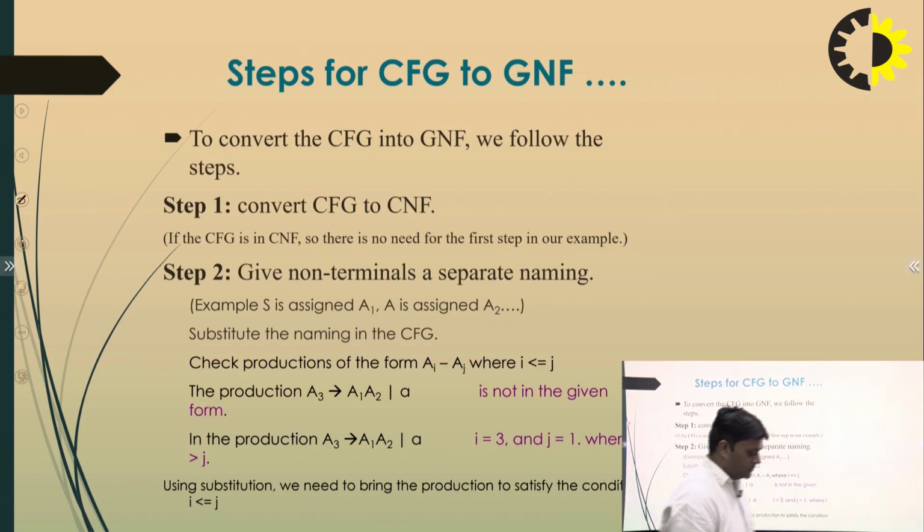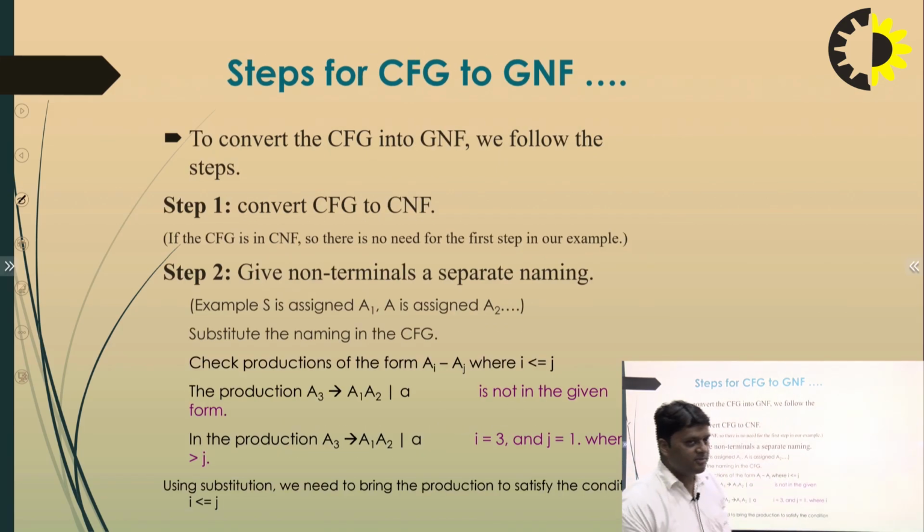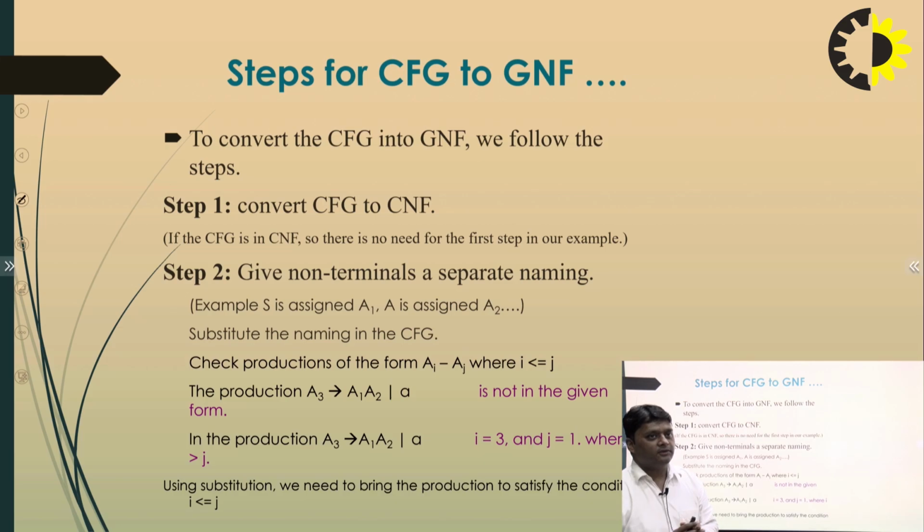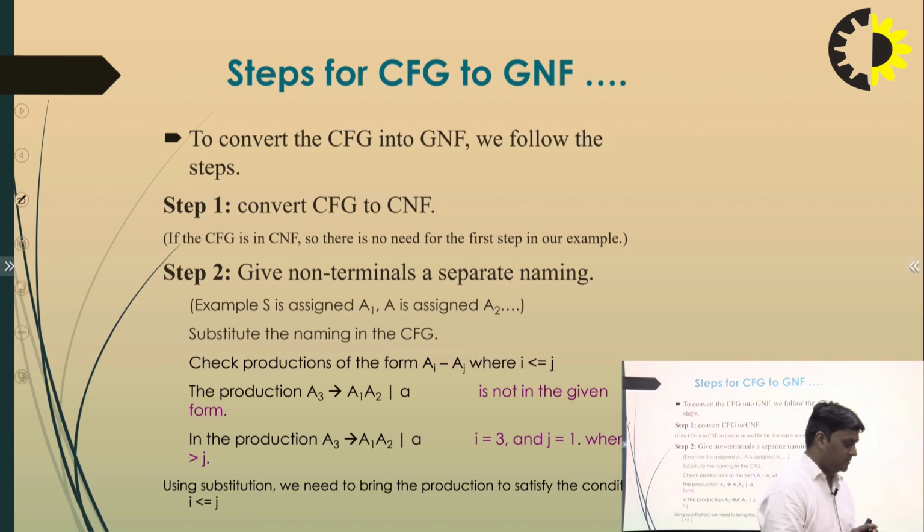There are three basic steps to convert any context-free grammar into GNF. Step 1: first we convert the given context-free grammar into CNF, Chomsky normal form.